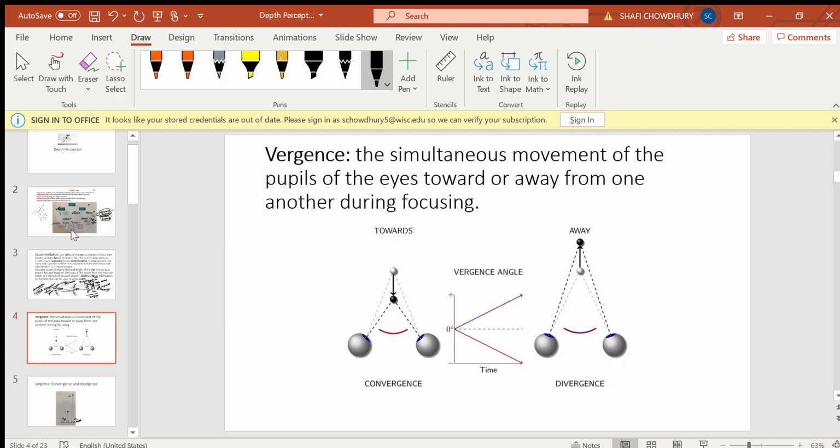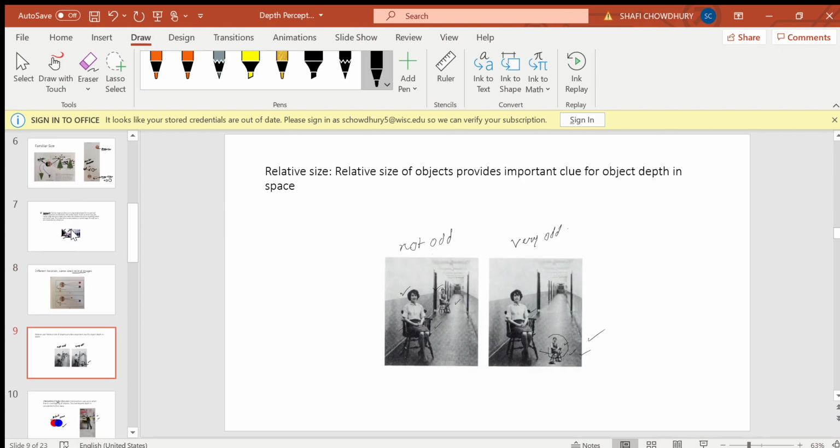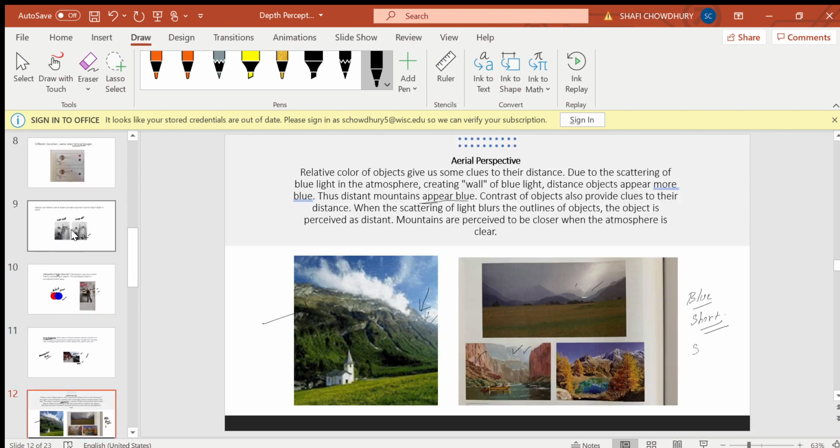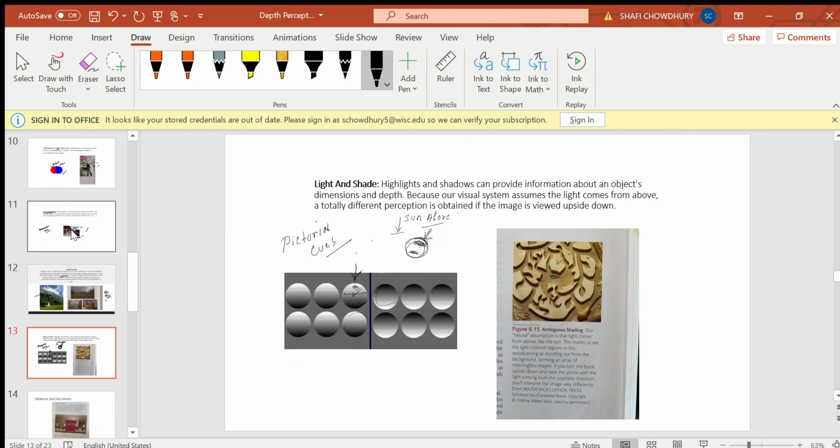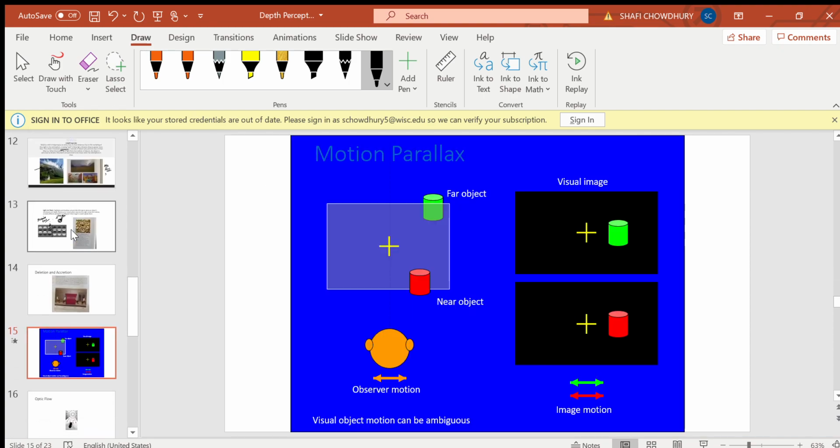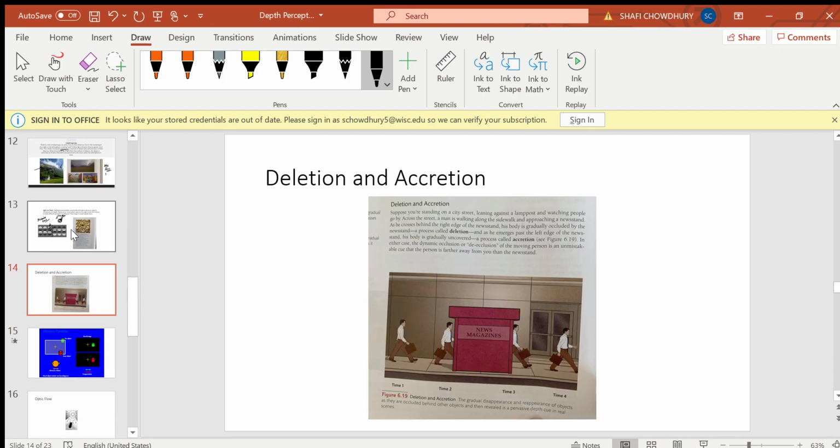You will see, we already also talked about occlusion of static things. Now you see deletion and accretion.